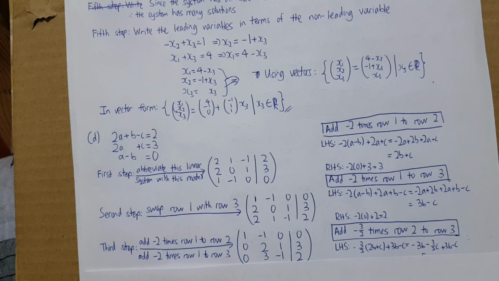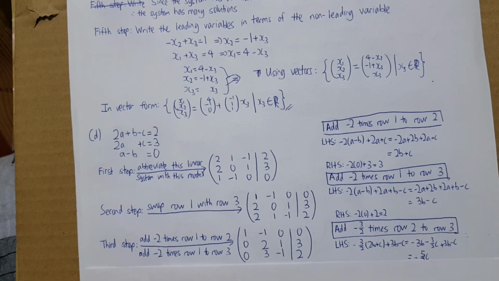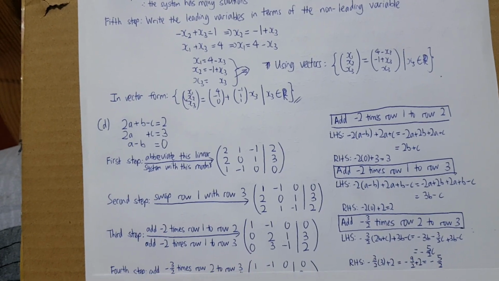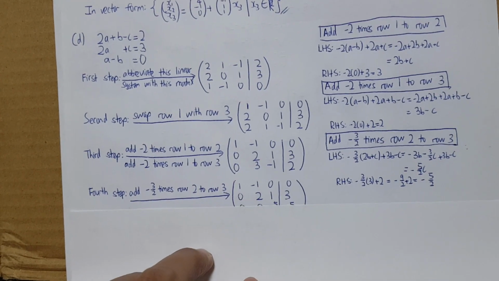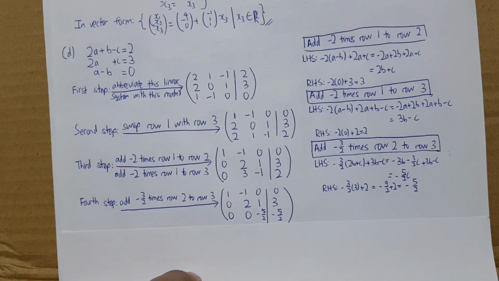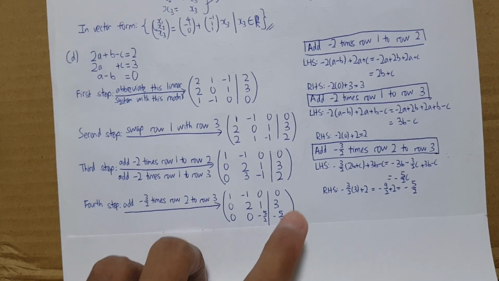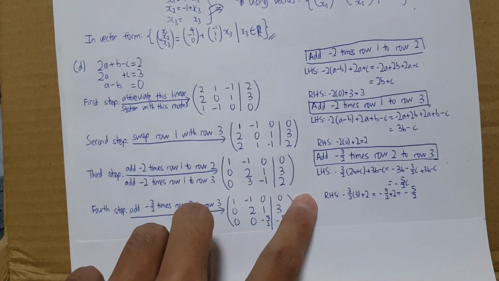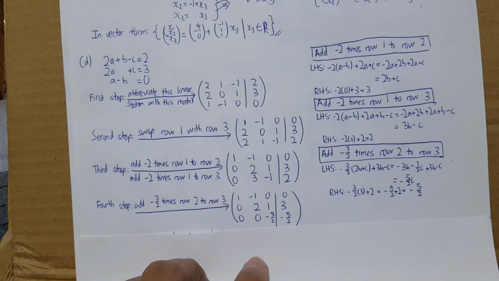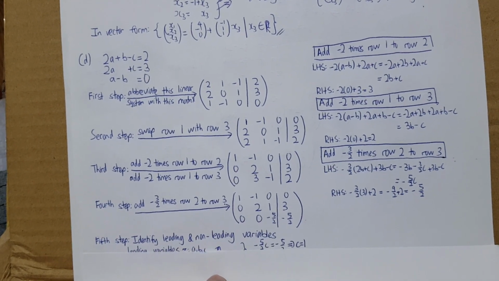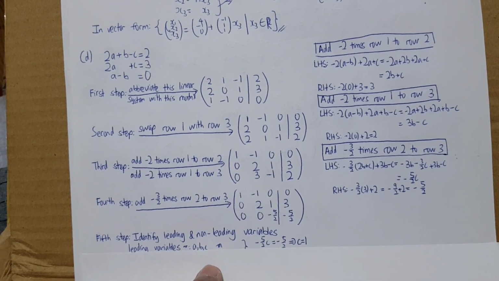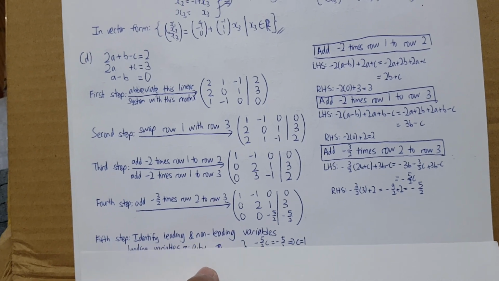And now you want to eliminate the b variable. Hence, we add minus 3 over 2 times row 2 to row 3. And the working is all here. You can take a look at it later. We get this. So now we identify the leading and non-leading variables.